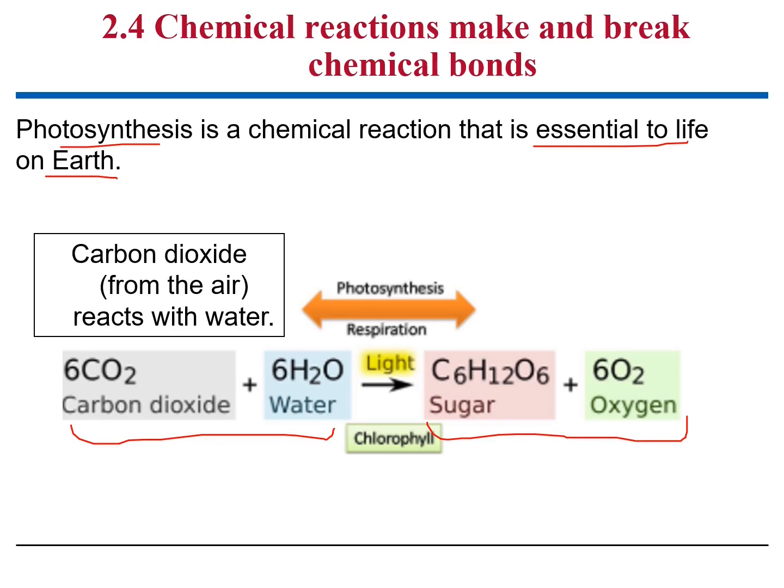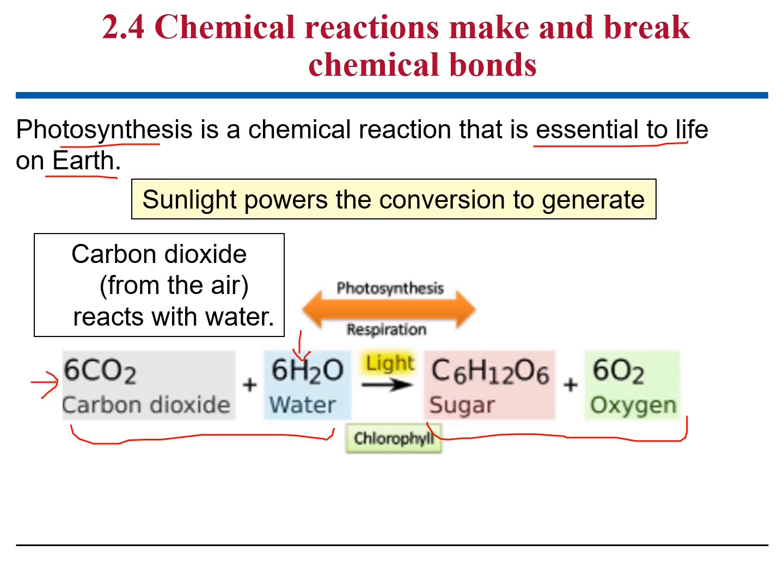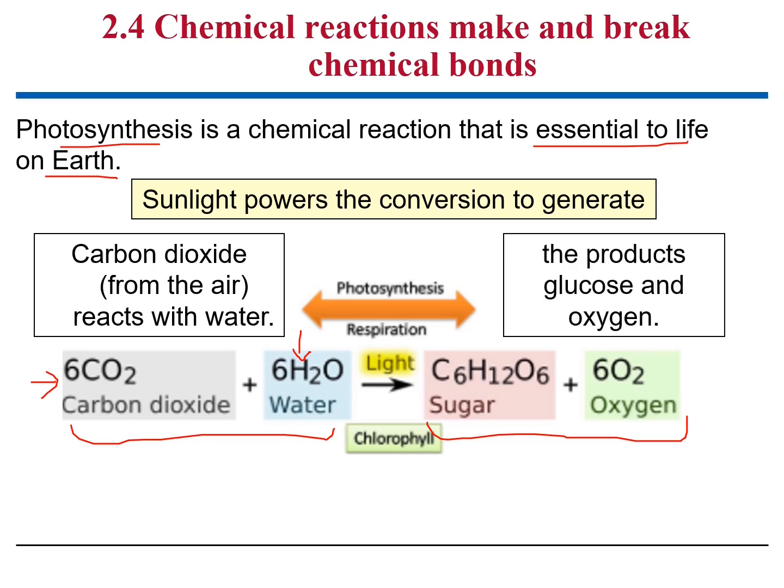Plants take carbon dioxide from the air and water using their roots, and they use sunlight to power the conversion, which allows them to break these chemical bonds and form new chemical bonds. As a result, the products are glucose and oxygen.